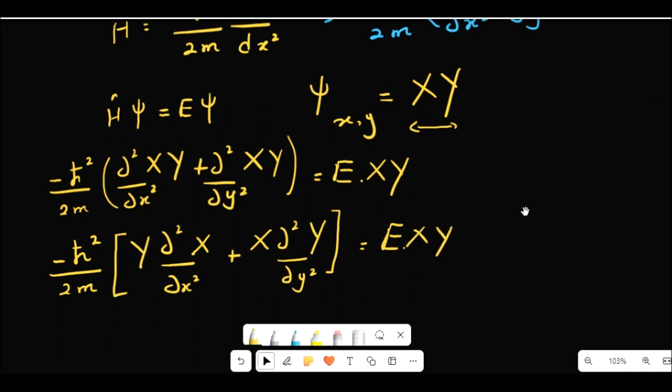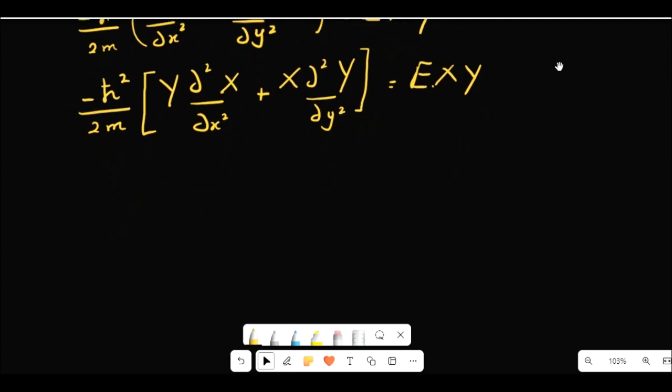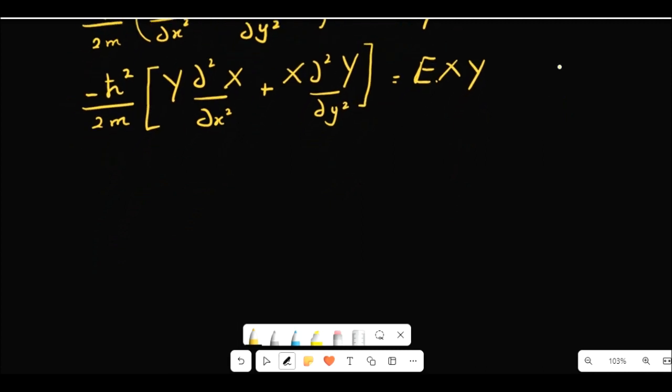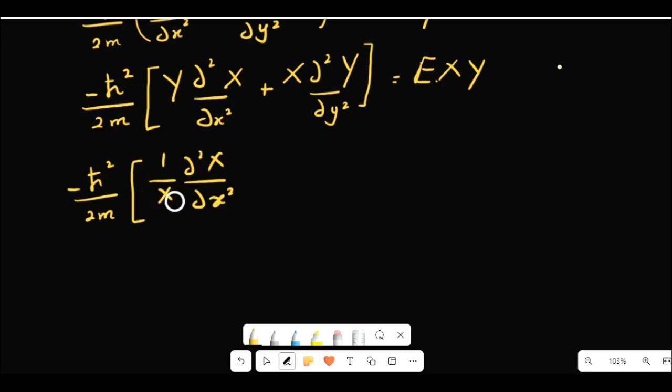Okay, now I'm going to introduce a small thing. I'm going to divide the whole expression by the XY term, right? Here h bar squared over 2m, here I have 1 over X times del squared X over del x squared. Here I have divided it by the XY term, right?